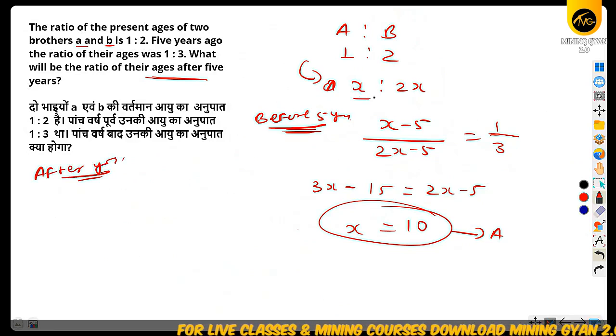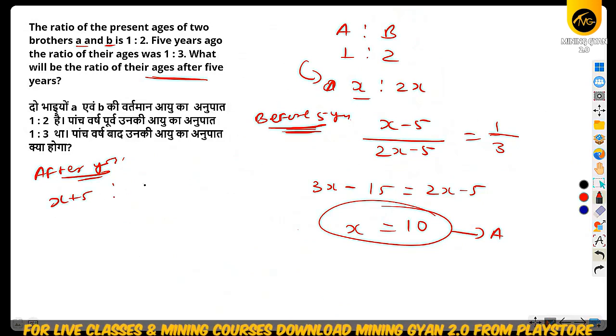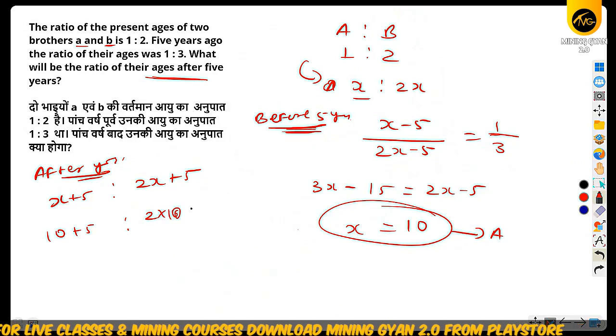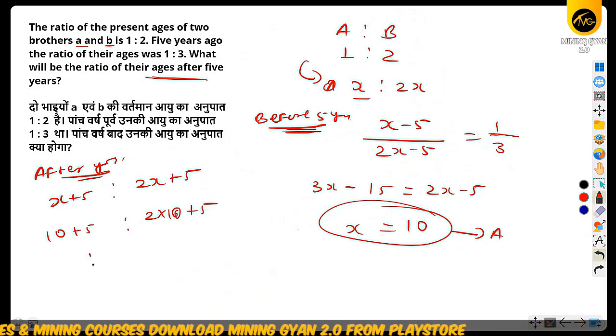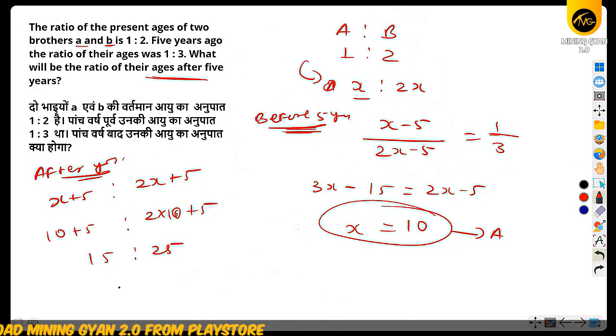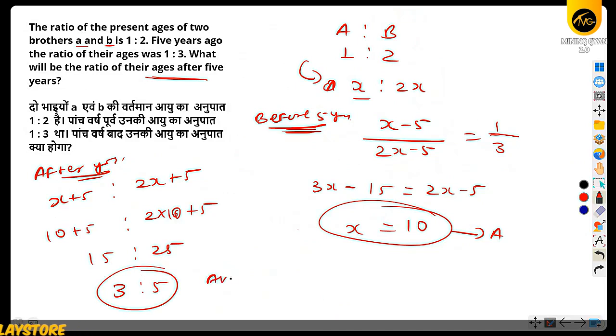That means x plus 5 ratio 2x plus 5, correct? Now x is 10, so 10 plus 5 ratio 2 into 10 plus 5, so 15 ratio 25, and it will be 3 ratio 5. So the answer will be 3 ratio 5, correct?